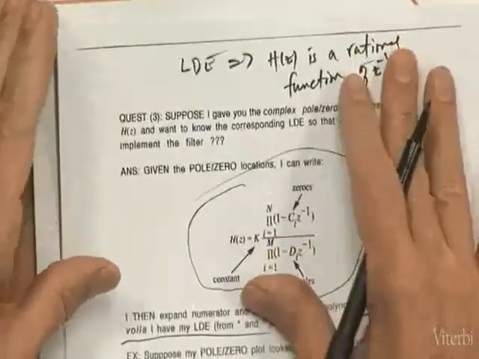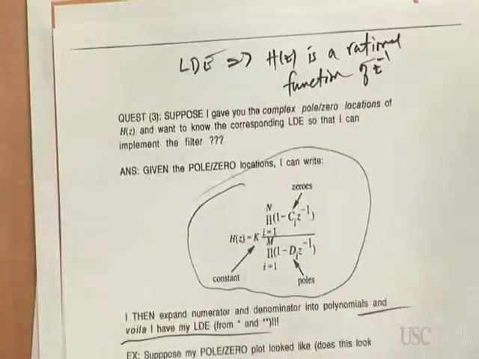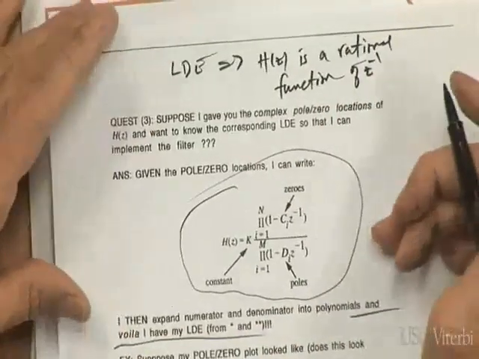Now, these polynomials have roots, and you can always write a polynomial in its factored form, right?